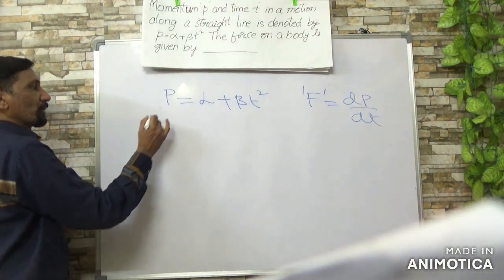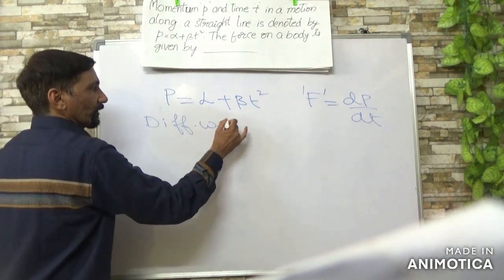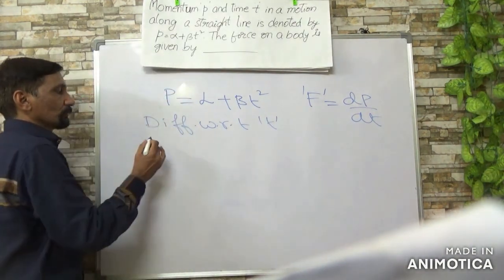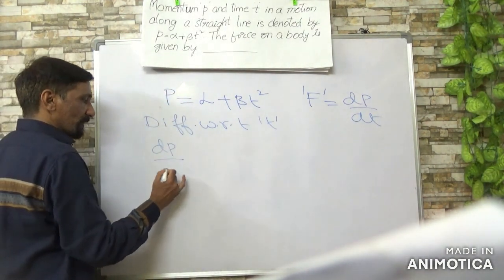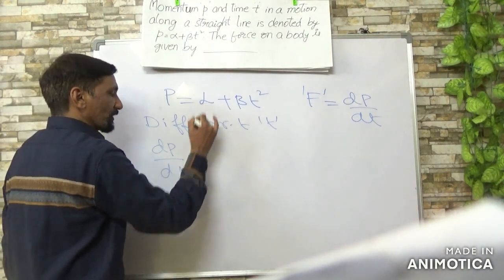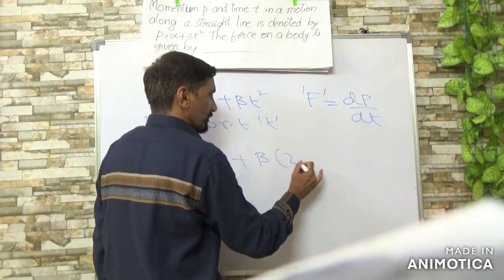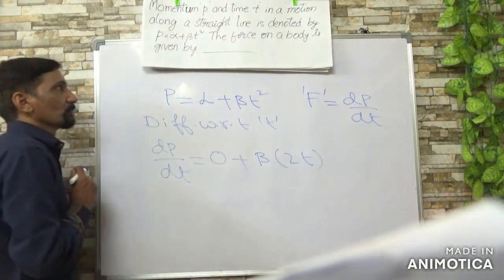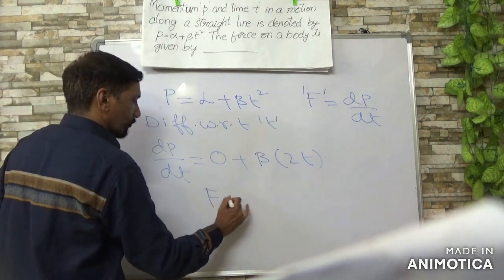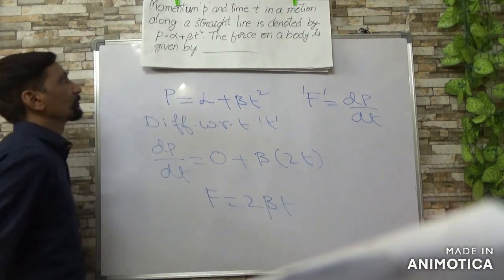So differentiating this equation with respect to time, dp by dt is equal to the differential value of the constant, 0, plus beta into 2t. So this is the force on the body, nothing but 2 beta t.